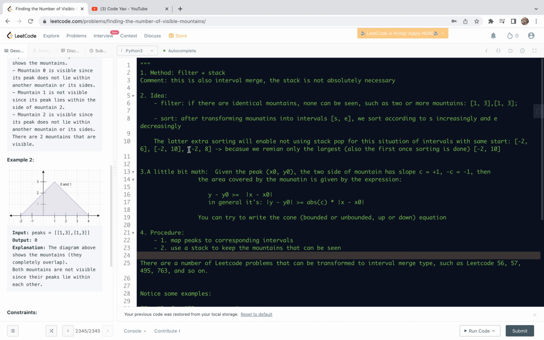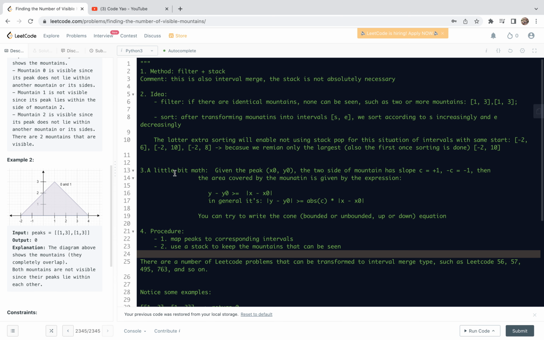For example, the intervals are -2, 6, -2, 10, -2, 8, and because we can only see one mountain in this situation, we remain only the largest interval, which is the first after sorting, that is -2 and 10.